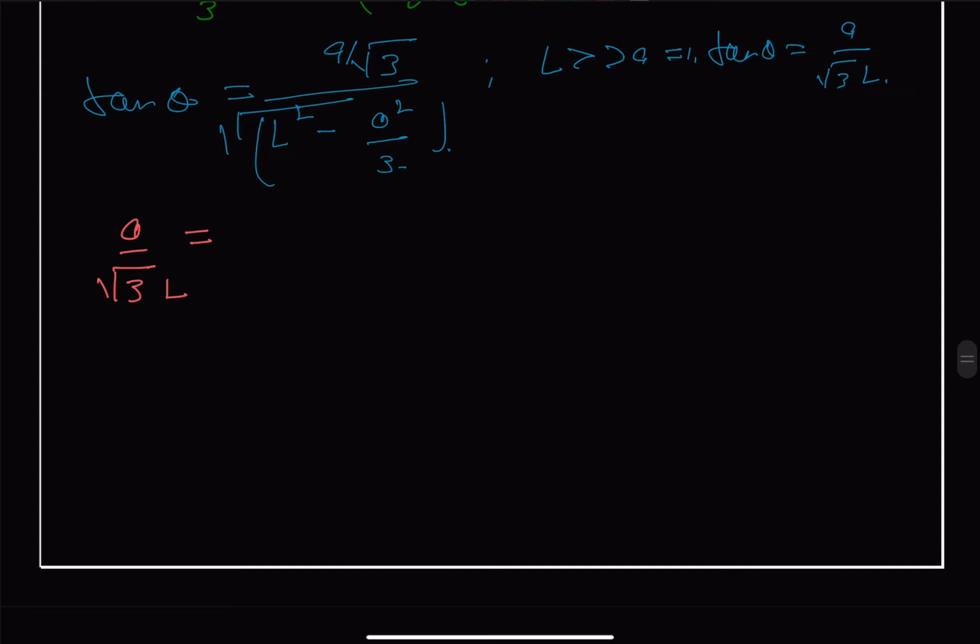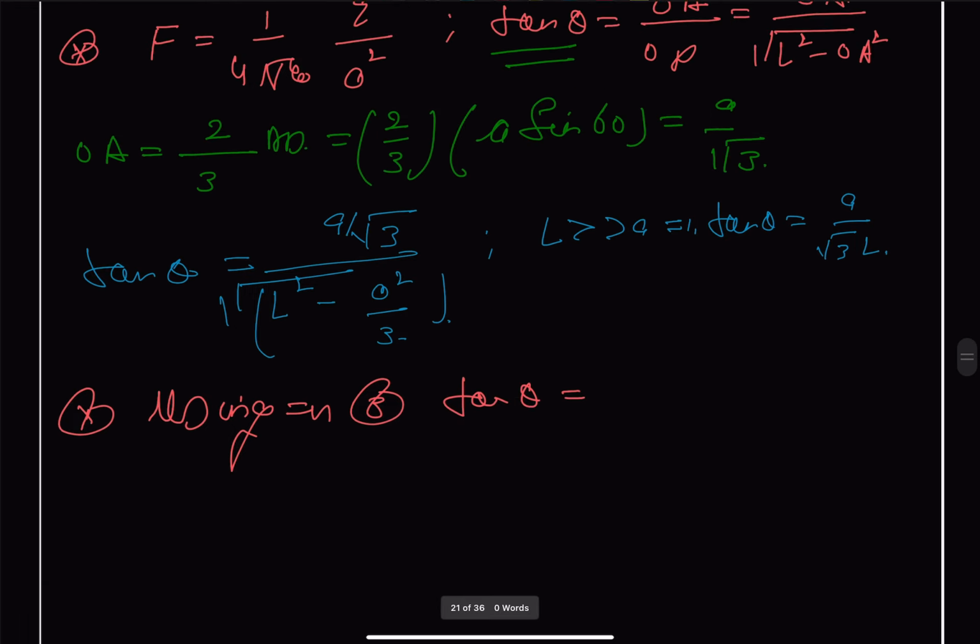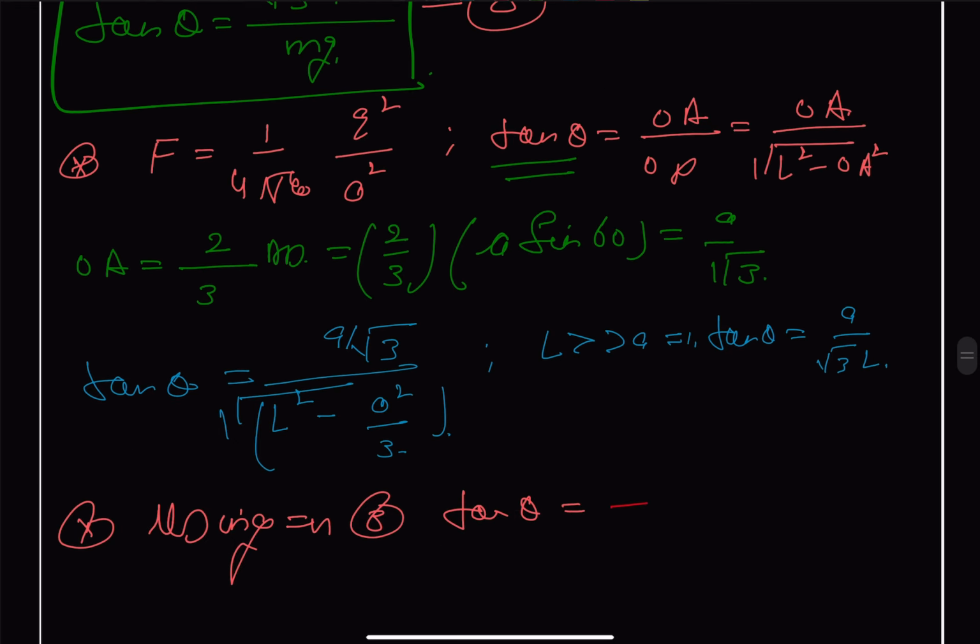So using equation 3, that is our tangent of theta is equal to square root of 3 F divided by mg, we substitute here tangent of theta and the value of F. F we already know, tangent of theta we just found out.